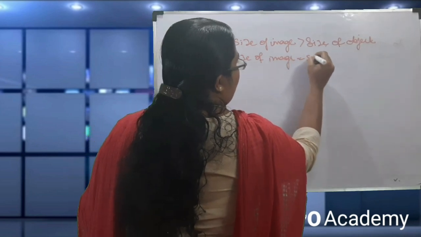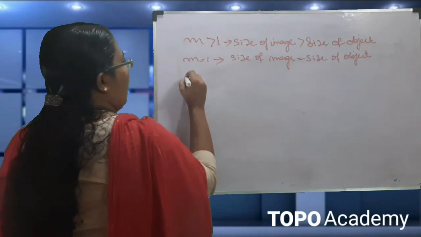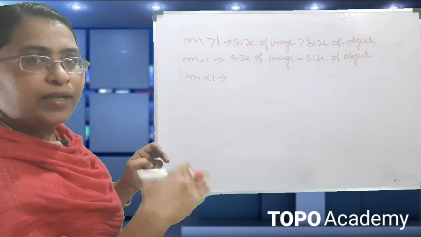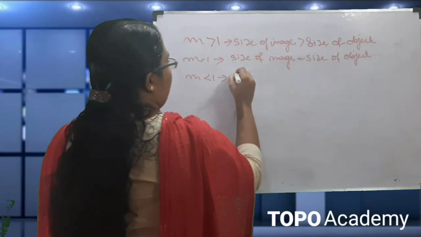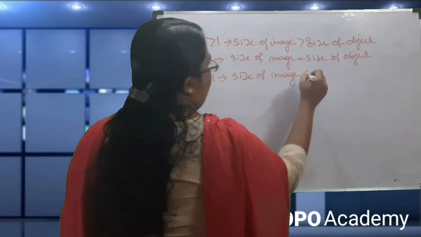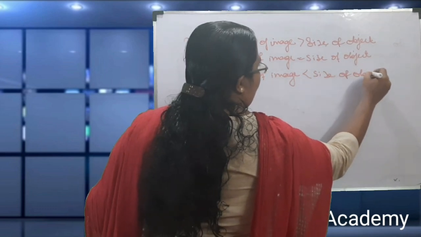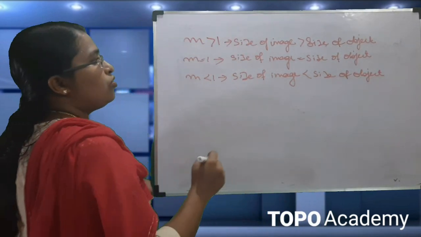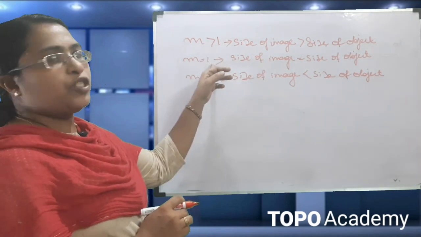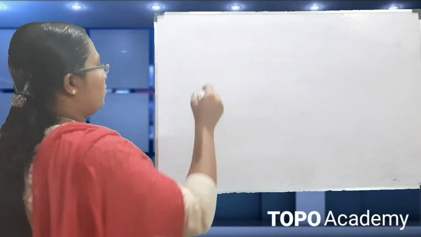And M less than 1 means the size of the image is less than the size of the object. So these are three cases for magnification.